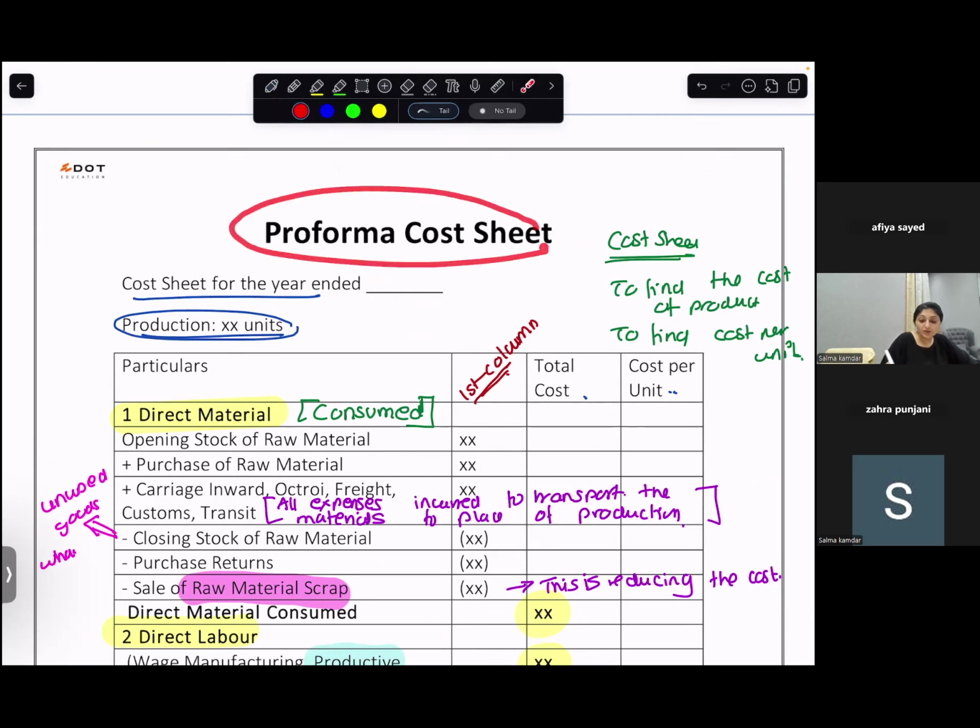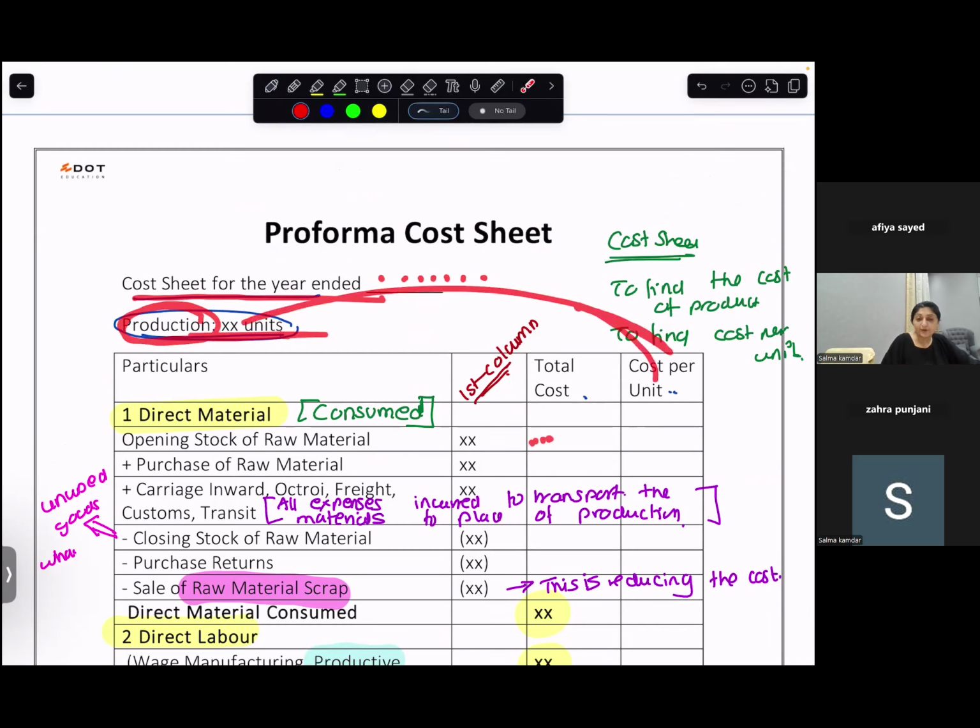So when you make your cost sheet, you give it a heading: cost sheet for the year ended, dash, dash, dash, for the goods of this many units, your production. So whatever total cost you get, you divide it by the number of units that you produce, you will get cost per unit. I hope you're with me.